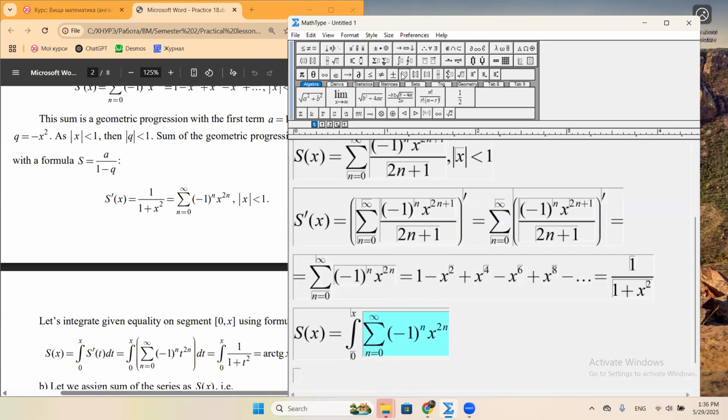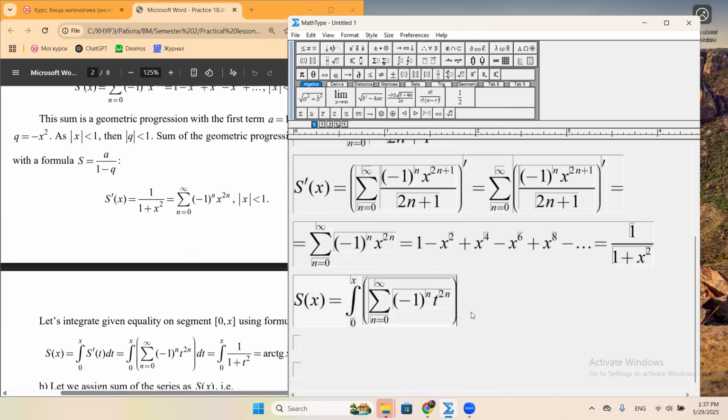Let me write down brackets here, and I will use variable t and dt. And then I can integrate term by term, each of them, a sum of integrals.